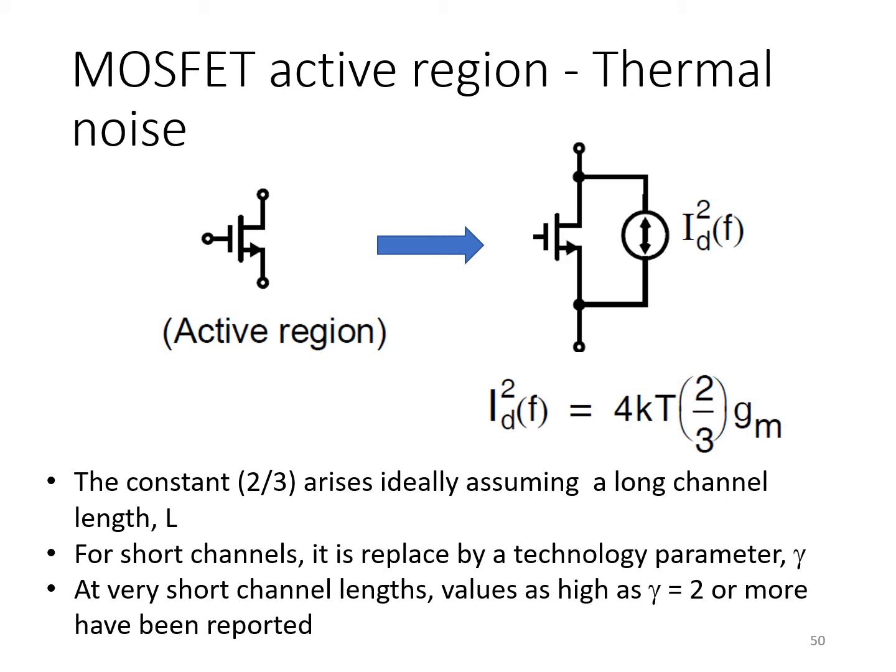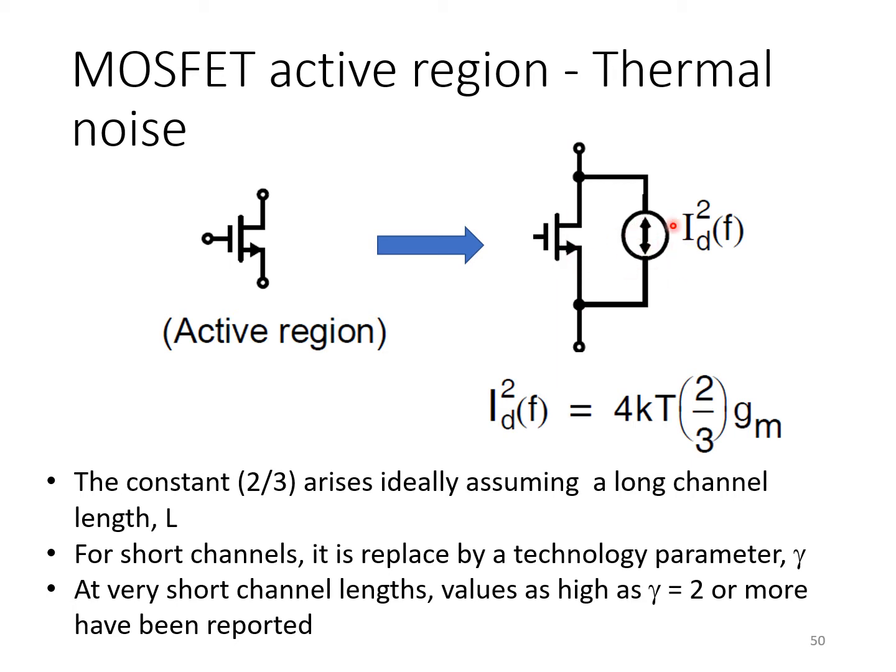MOSFETs modeled in their active region, or saturation, also exhibit thermal noise. That is, the drain current that we expect to flow through the MOSFET purely as a function of VGS in fact exhibits thermal variations. That can be modeled by adding a small noise current source in parallel with a noise-free MOSFET model.